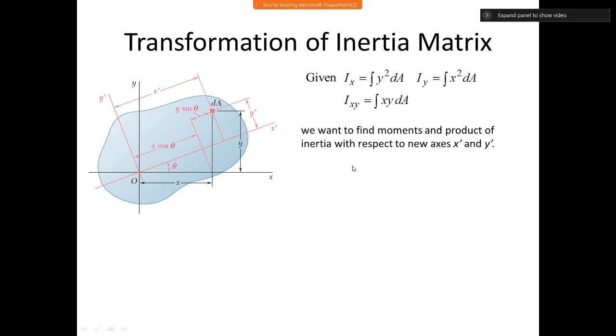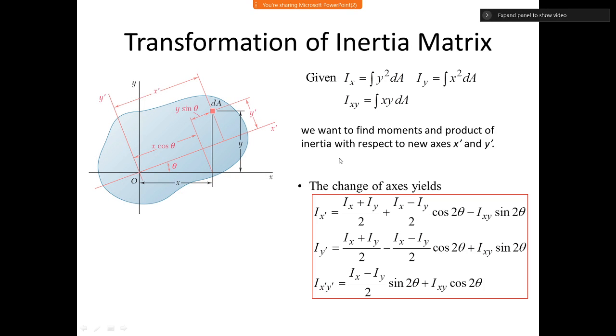So now, in the interest of time, I am not going through the derivations, I am just summarizing and giving you the final results. So if we want to find the inertia components about the new axis, then here are the results. These are some complicated looking equations, but these are the equations by which you can get the I about the new transformed axis X prime and Y prime.